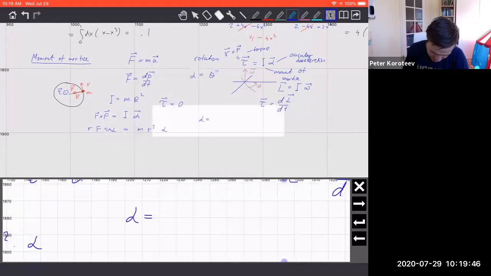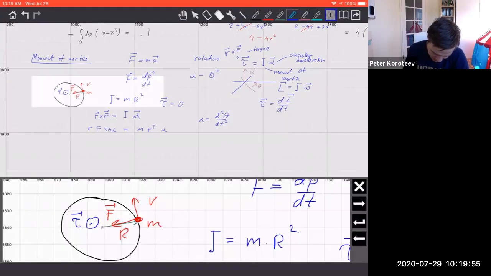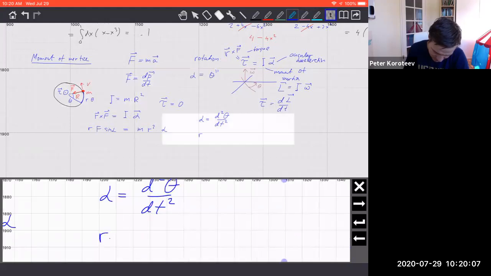Now, what alpha is: alpha is equal to the second derivative of theta over time. We know that if the particle makes an angle theta, then the arc length is equal to r times theta. So if you multiply both parts by r, you have r alpha equal to r d2 theta over dt squared.